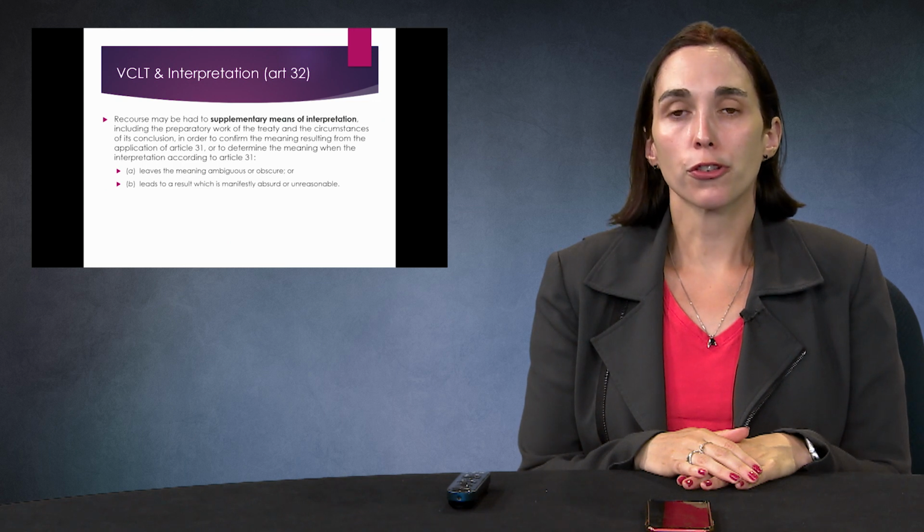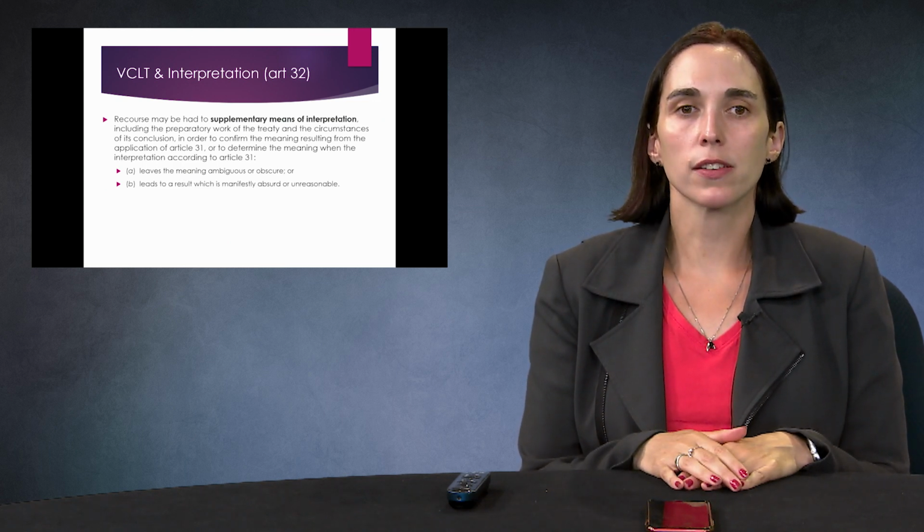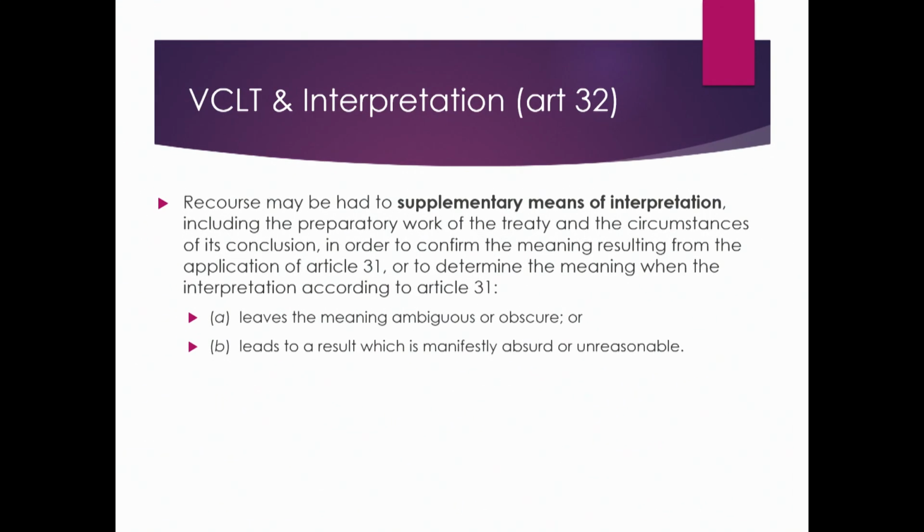So Article 32 of the Vienna Convention on the Law of Treaties gives us supplementary means of interpretation, additional tools that we can use when we can't get to a good result based on the Article 31 tools alone.